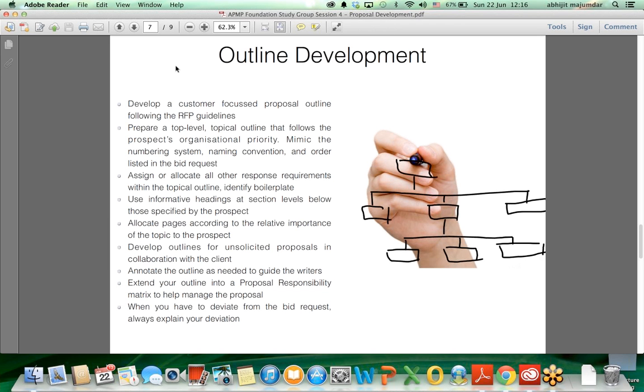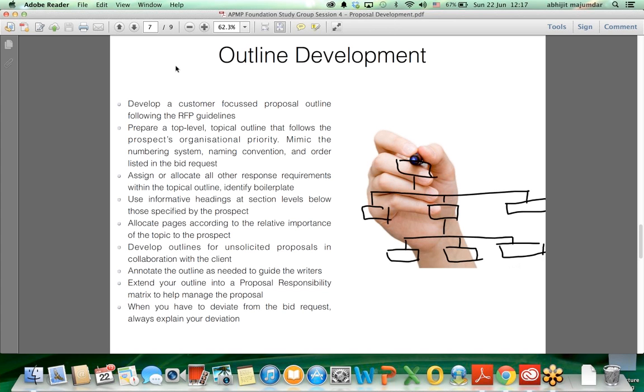Whatever you think has more weightage or is more important for the customer, define that and then explode it at the other levels. And in case it is an unsolicited bid, where the customer has not come out with an RFP and you are giving a proposal to the customer, create the proposal outline based on the importance of your solution to the customer and validate it with the customer.